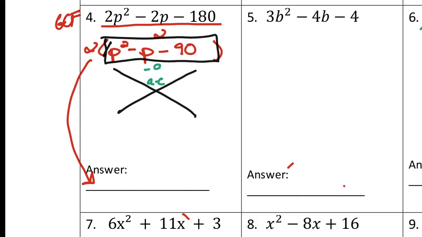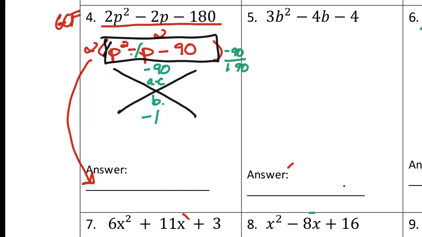Negative 90. And what is my B value? Negative 1, right? Because you got to take that sign. So I want factors of negative 90 that add to give you negative 1. So what would that be?